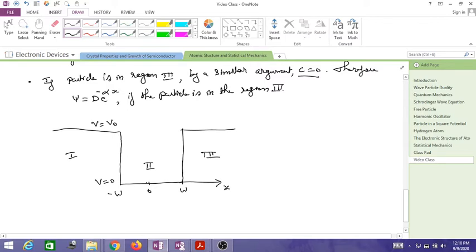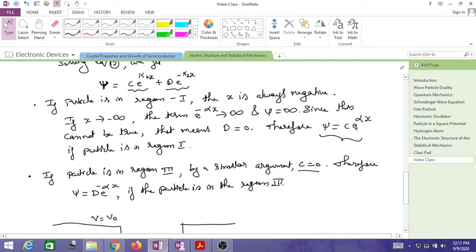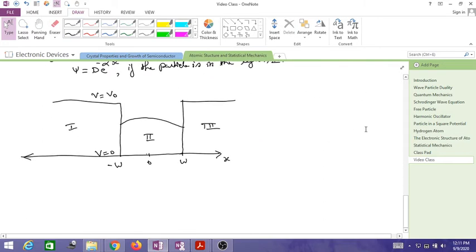Now from the Schrodinger equation for region 2, if the particle is moving from minus w to plus w, it is a sum of sine and cosine, so we get something like this. And if the particle is moving in the negative direction, from this equation we get the wave function psi is equal to c into e power plus alpha x.